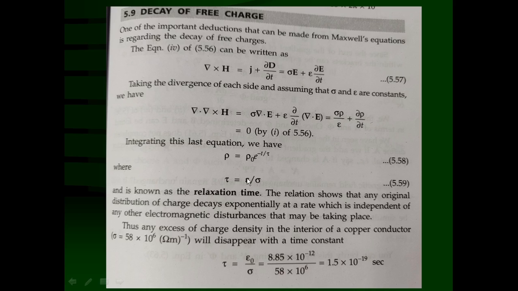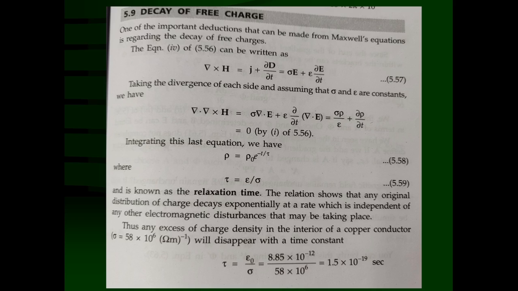From this integration we can obtain the value of tau. Epsilon is the permittivity of the conductor and sigma is the conductivity of the given conductor. The relation shows that any original distribution of charge decays exponentially at a rate which is independent of any other electromagnetic disturbances that may be taking place.